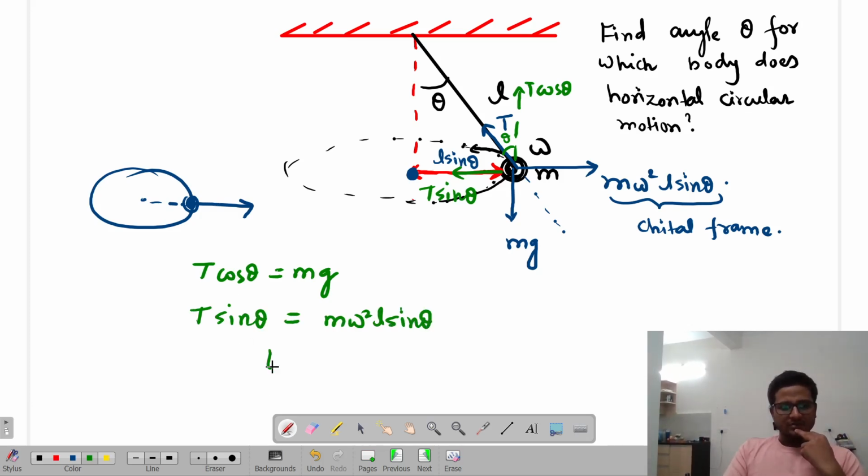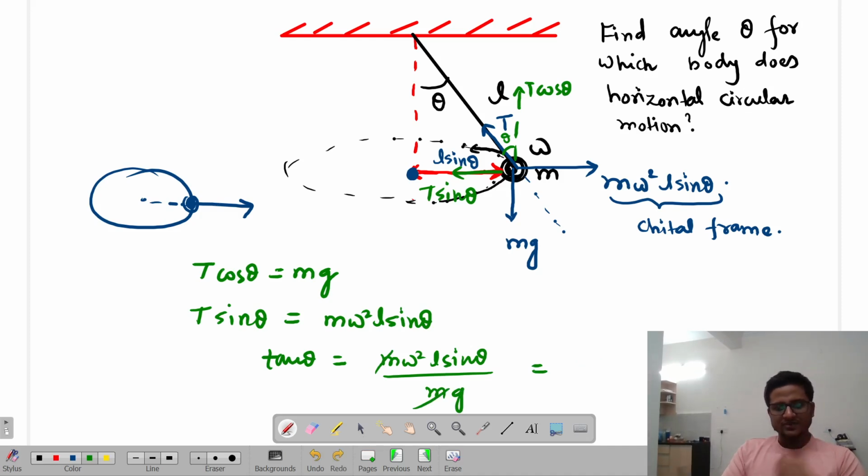Then we can take the tan theta ratio, which is m omega square L sine theta divided by mg. So cancel, and we got tan theta equal to what? It is coming in terms of sine theta. Okay, one minute, it will appear in cos theta, I think, isn't it?